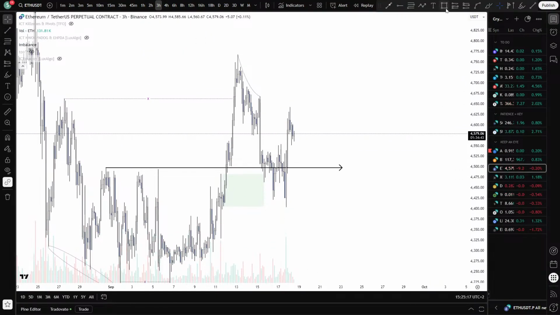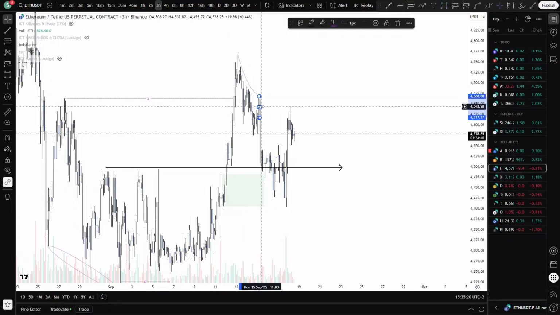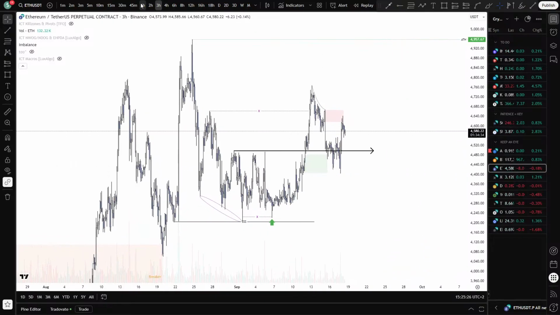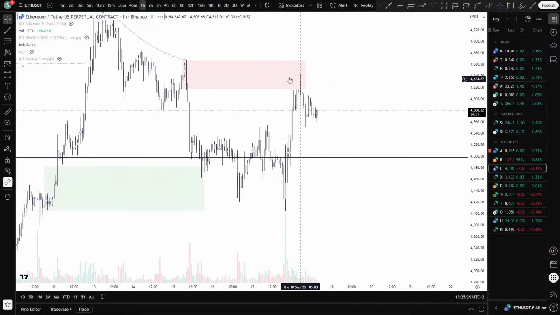Right now we are in a last supply, last hold, however you want to call it, before we're gonna get into this liquidity that is still left open here. From that we are getting a local reaction.